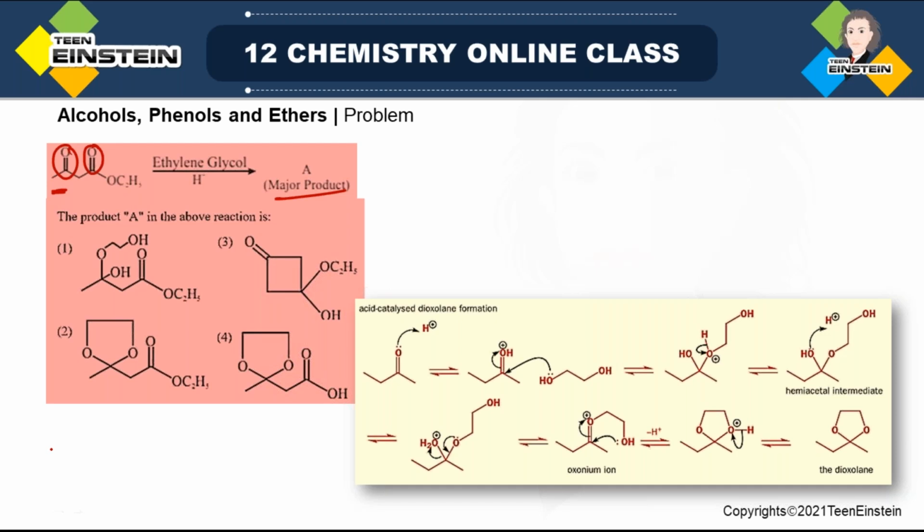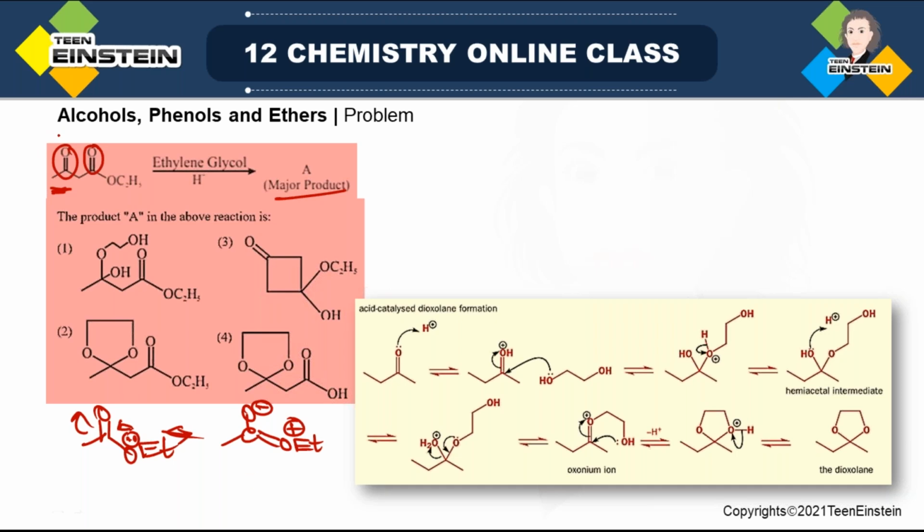Because when it is a ketone, this type of resonance is not possible. See, when it is an ester, the lone pair of oxygen can take part in resonance. So after resonance, the double bond character of the carbon-oxygen bond is lost. But this type of resonance is not possible in a ketone because there is no donating group. I mean, the +R effect is not possible in a ketone, but it is possible in an ester.